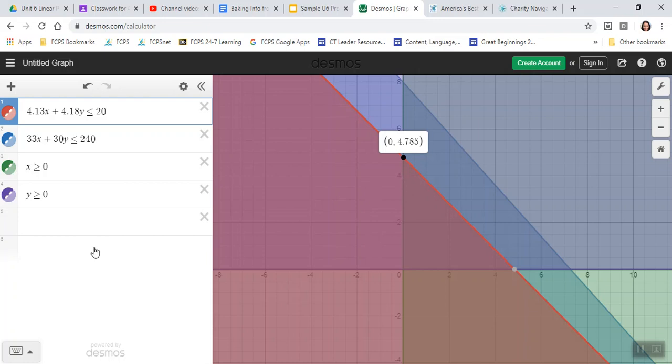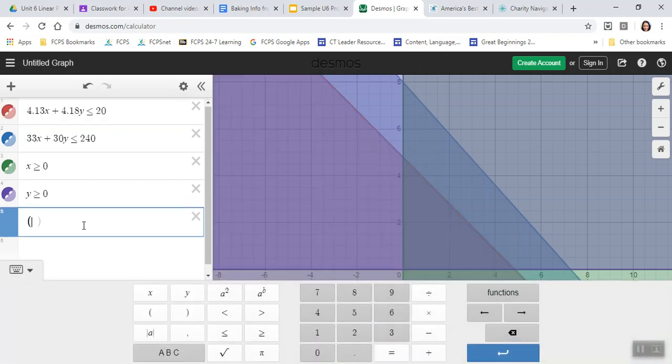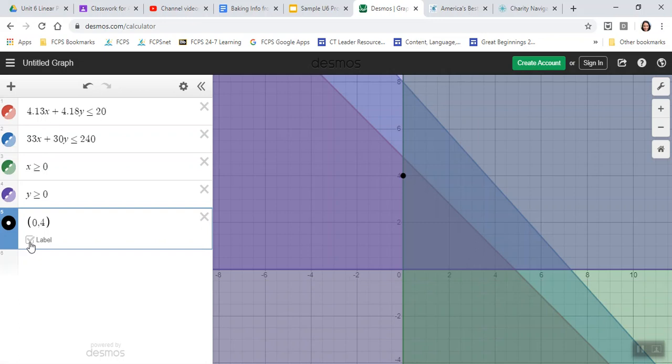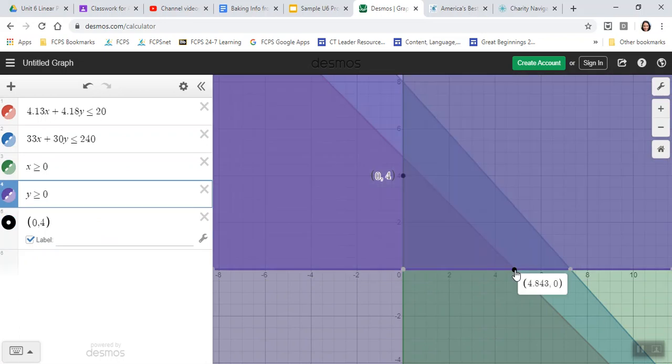So I could make, let's put that point in there. I'm going to click label so I can see it. I could make 0, 4. Let's look over here. This is 4.843.